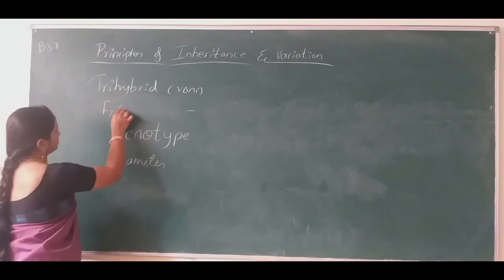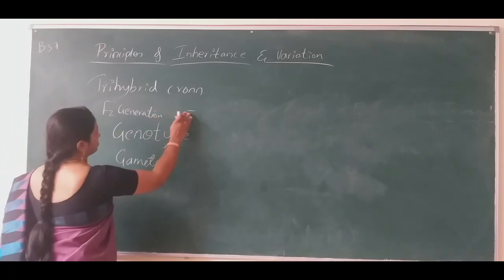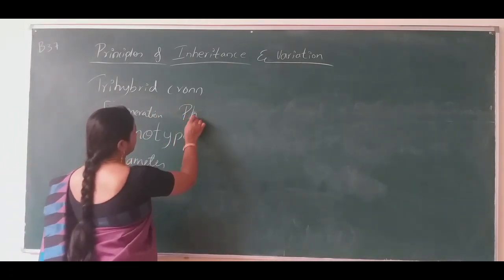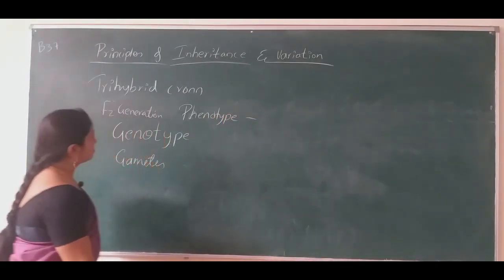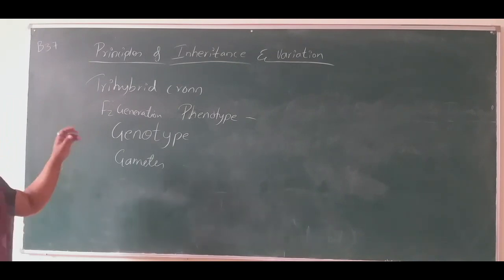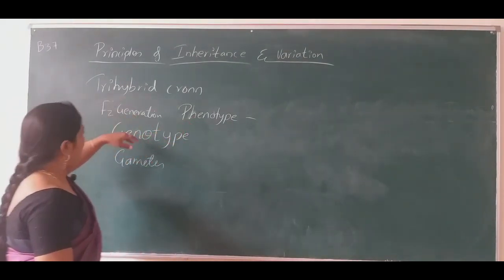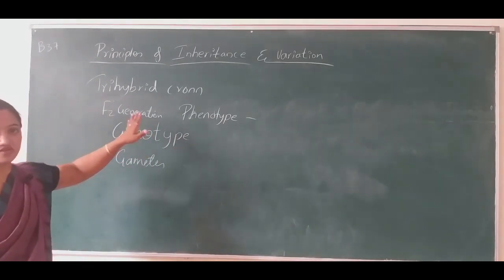In the F2 generation, let me write the phenotype of the parent. Either you can write the parents or you can write the phenotype. Both are correct. So we are starting with the F2 generation.